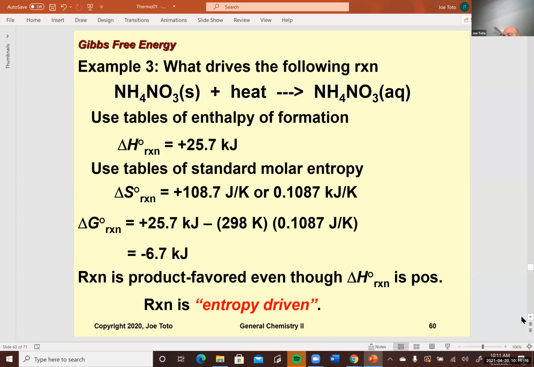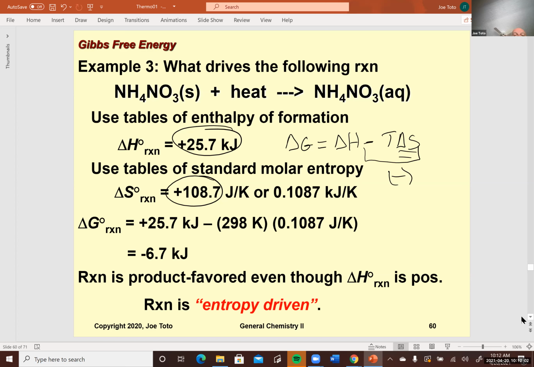But anyway, sometimes you'll see this terminology of enthalpy driven, or in the next slide, we have an example of entropy driven, where this time the signs of delta H and delta S are both positive. I got a positive delta H, which works against the sign of delta G being negative. And then we have a positive delta S of reaction, which works towards that delta G sign being negative because it's delta H minus T delta S. So if this is positive, this whole term here is going to be negative.